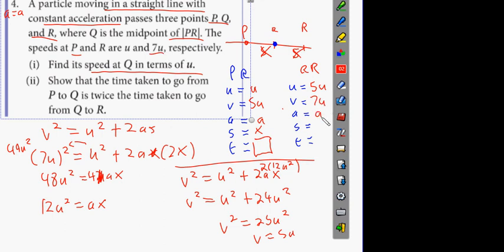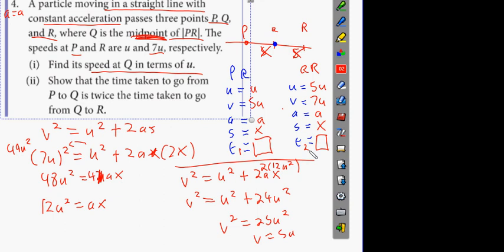Our A value is still the same. What's our S value? Midpoint. If that's X, that one is also X. And then T is the whole point of the question. We want to find out what T1 and T2 are. Okay? And 12u, we need this piece of information here.